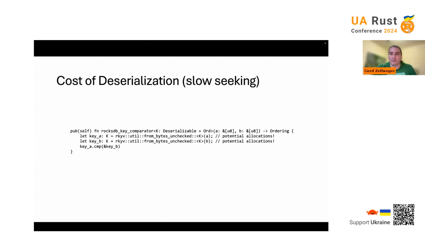And here's a way to do that, which is how it looked in our RocksDB prototype. We just took the bytes and transformed them into the original Rust type, and then we called the comparator function on it. And this is bad if, for example, your type is a string or has multiple strings inside the key, because then you need to do allocations in order to manifest that key, which makes things very slow.